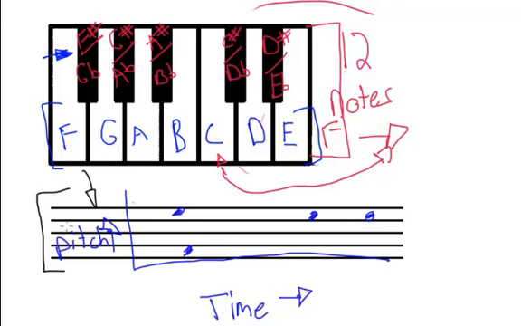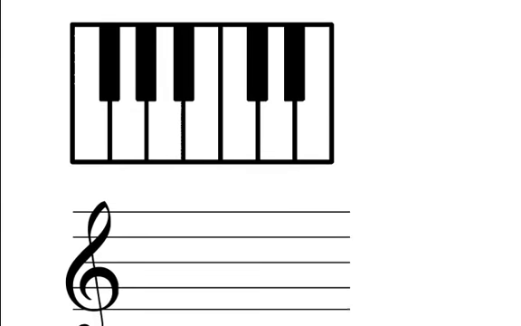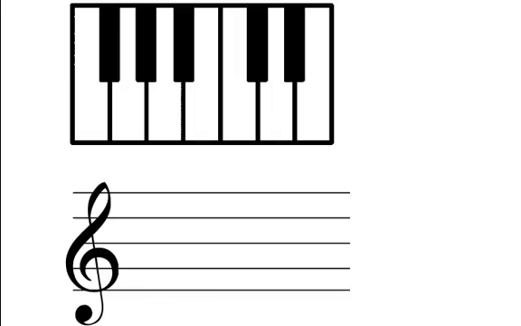So let's go ahead and expand on this idea of the musical staff a little bit. Now this thing right here is called the treble clef. Basically, what this does is it tells us what section of the staff we are working with.